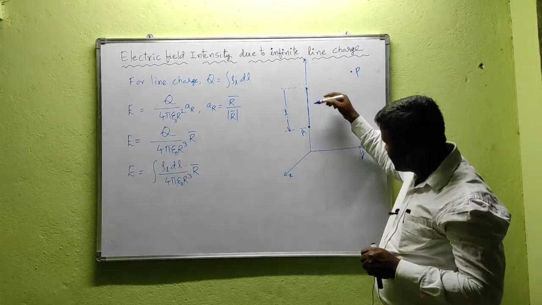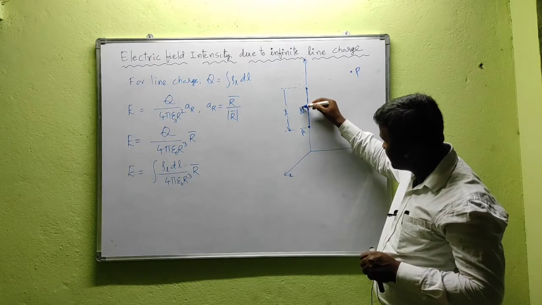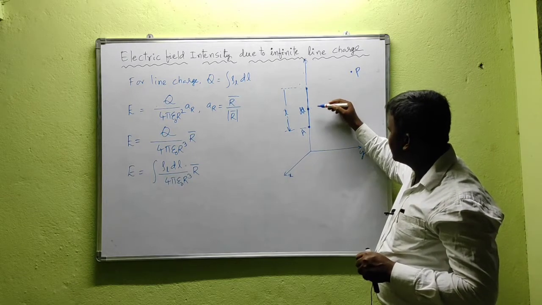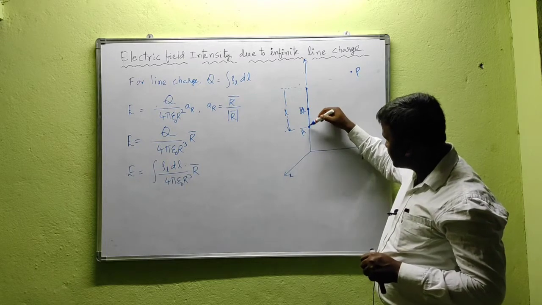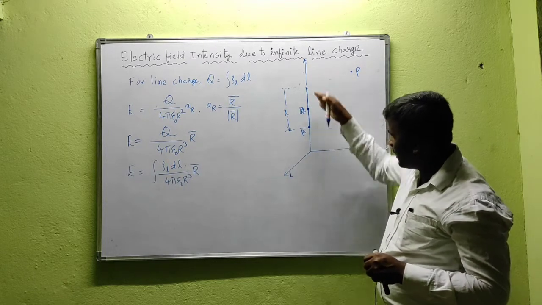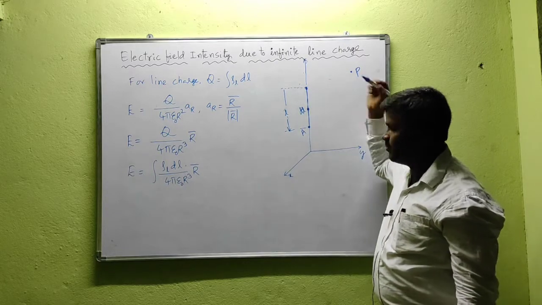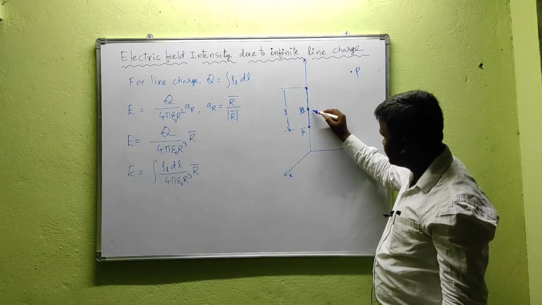Let us consider a source point of length dl, that is differential length dl. If I add all these points on this A to B, I will get a line charge extended from A to B. So source point I am taking as C.